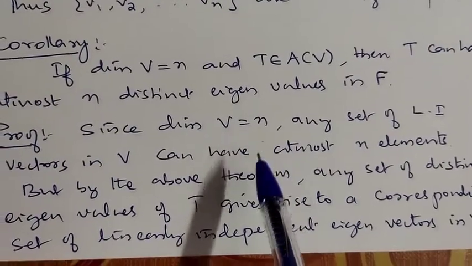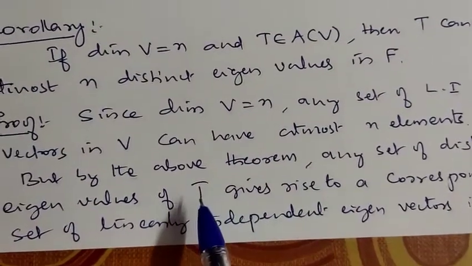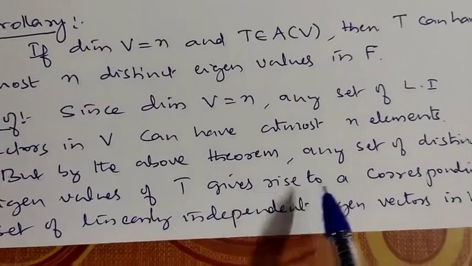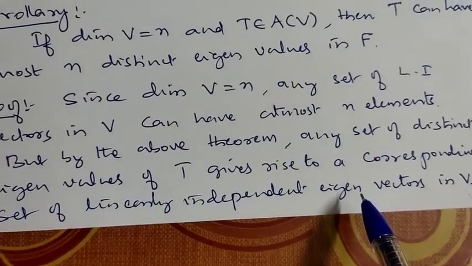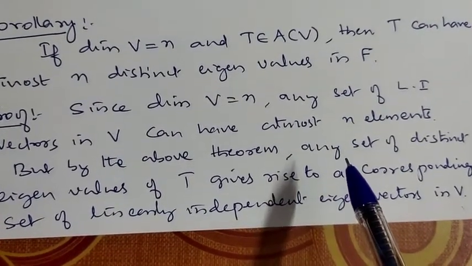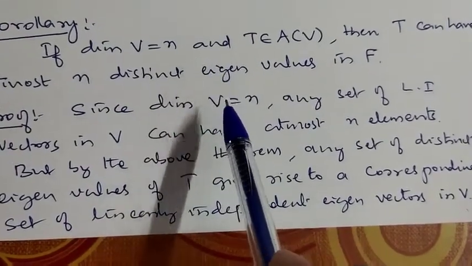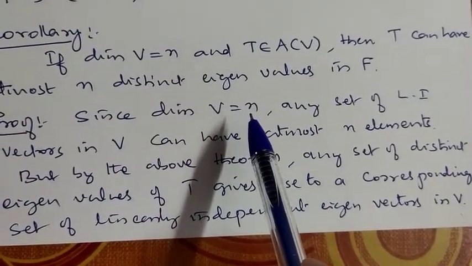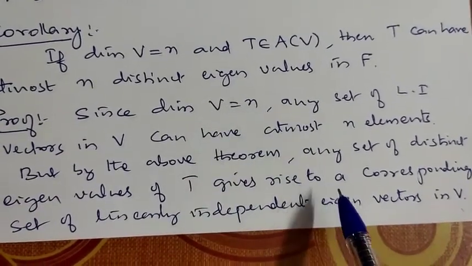But by the above theorem, any set of distinct eigenvalues gives rise to corresponding linearly independent eigenvectors. Means what will happen? The eigenvectors are linearly independent. Here the dimension of the vector space is n, and according to the above theorem, the eigenvectors are linearly independent.